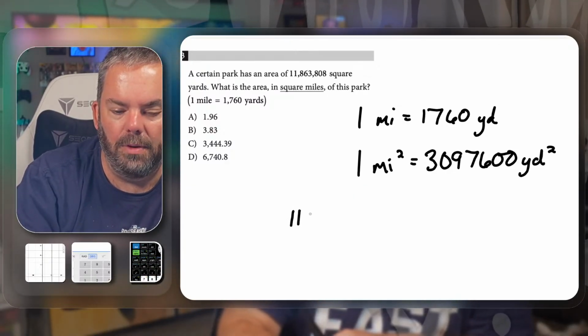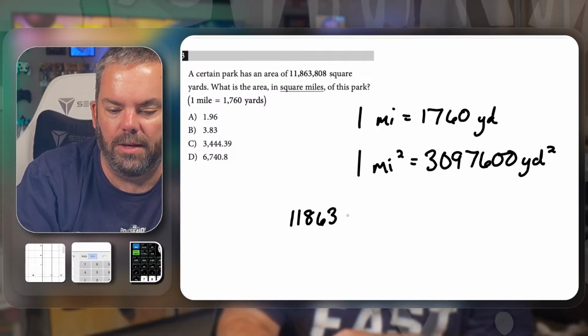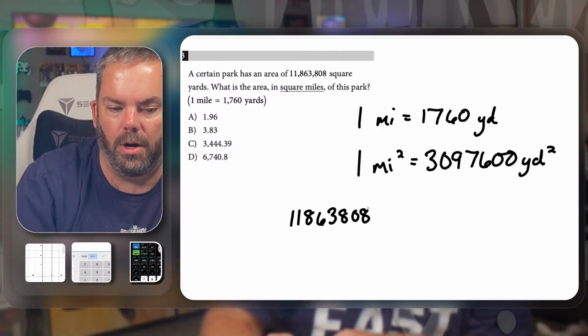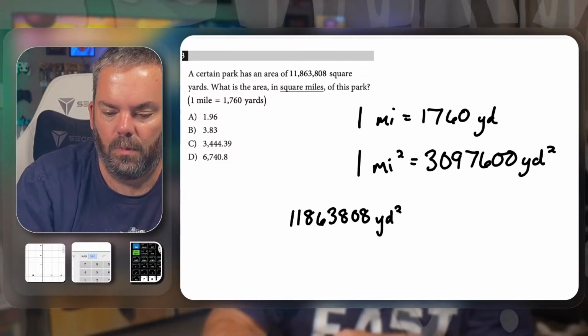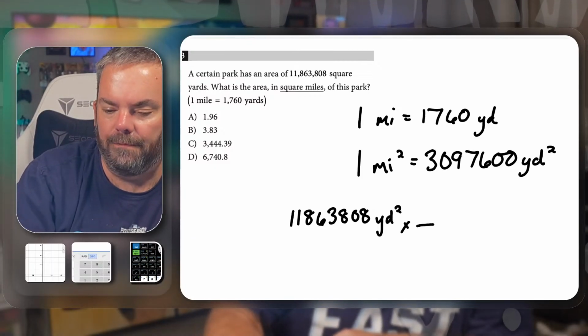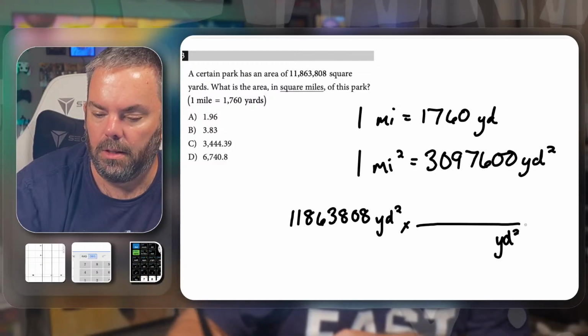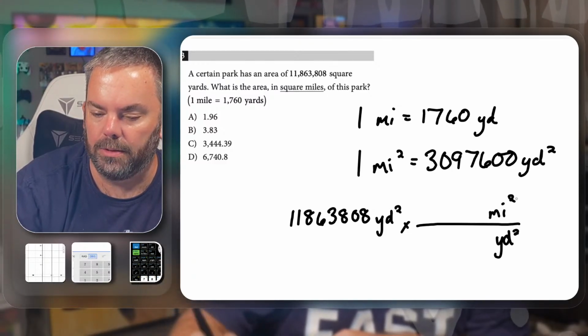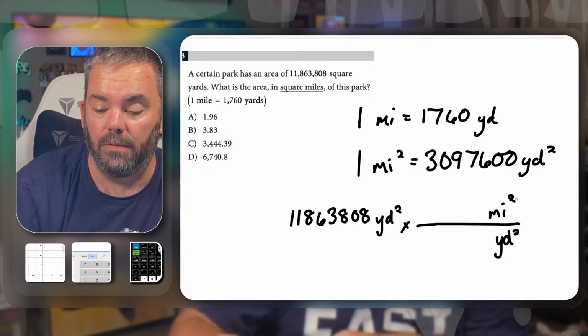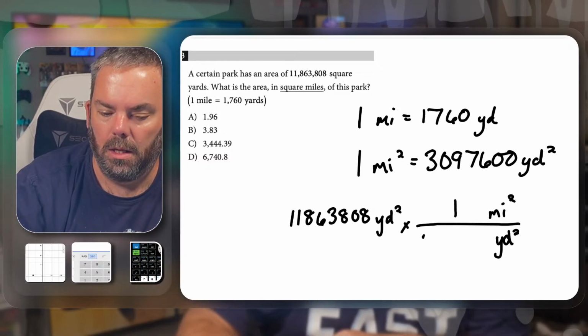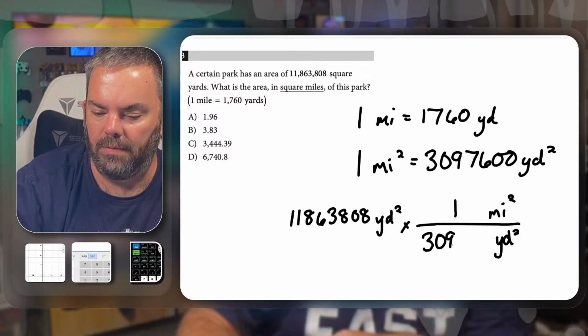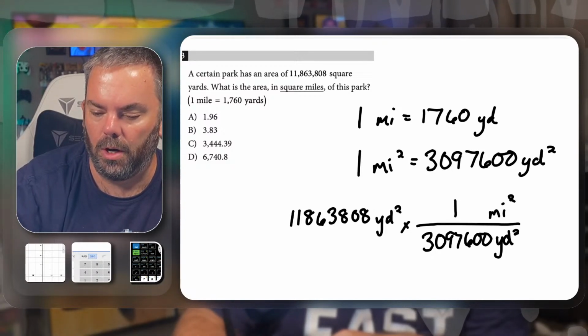We've got 11,863,808 square yards. I'm going to multiply that by a funny form of 1, where the square yards are going to cancel, and we'll be left with square miles. Well, let's use that conversion. 1 square mile is 3,097,600 square yards.